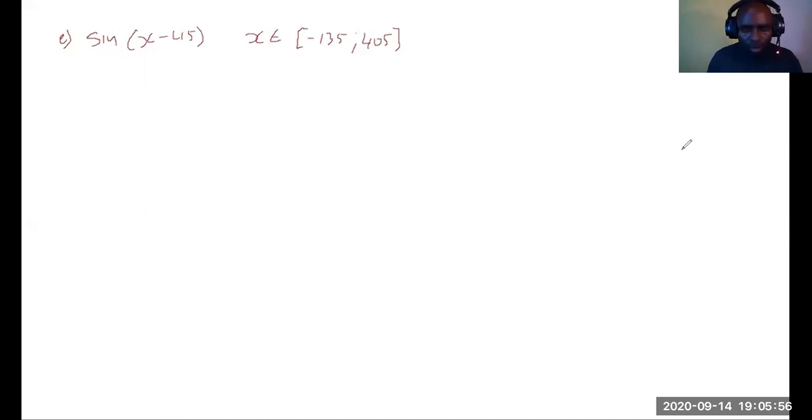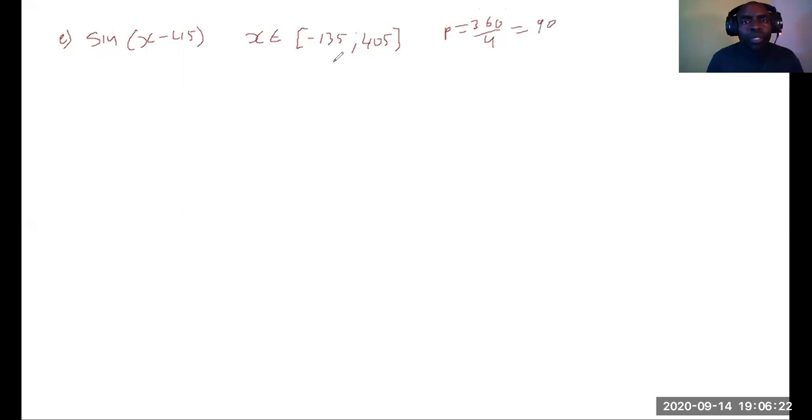So here we have got another question E, which has got a horizontal shift. So what was at 0 has been 45 degrees to the right. Now, if we look from what we have here, our period did not change. Period is 360. If we divide by 4 to get our critical angles, we have got 90.